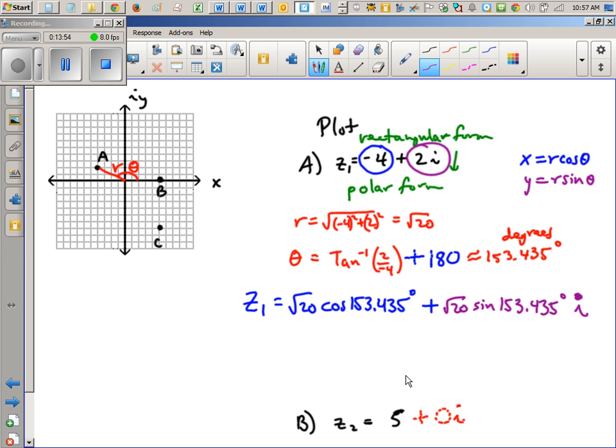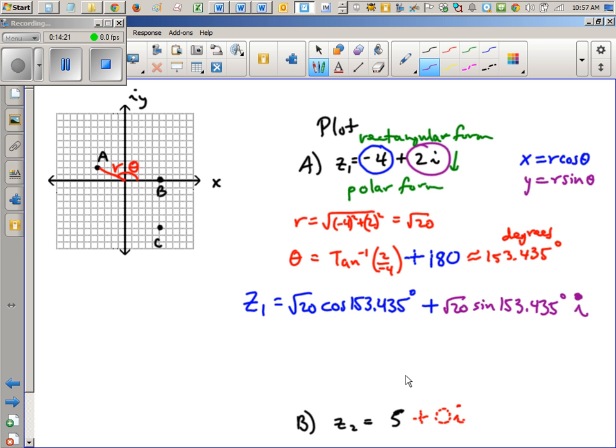What is it? Negative 4. Yeah, exactly. That's my whole point. This is negative 4. And do me a favor, type root 20 sine 153.435. Make sure you're in the degrees mode. Oh yeah, close that parentheses on the root 20.